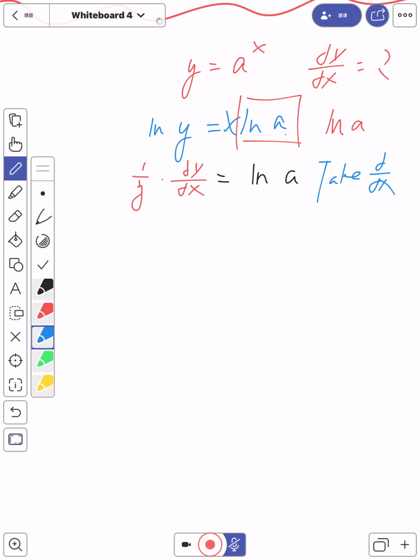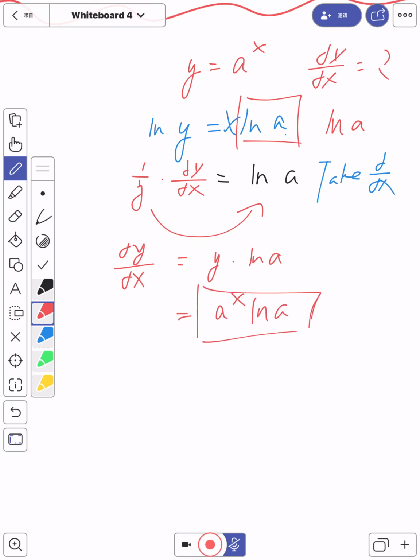Now we can multiply y to there. Then dy over dx is equal to y times ln a, which equals a to the x times ln a, which is exactly what the derivative is.